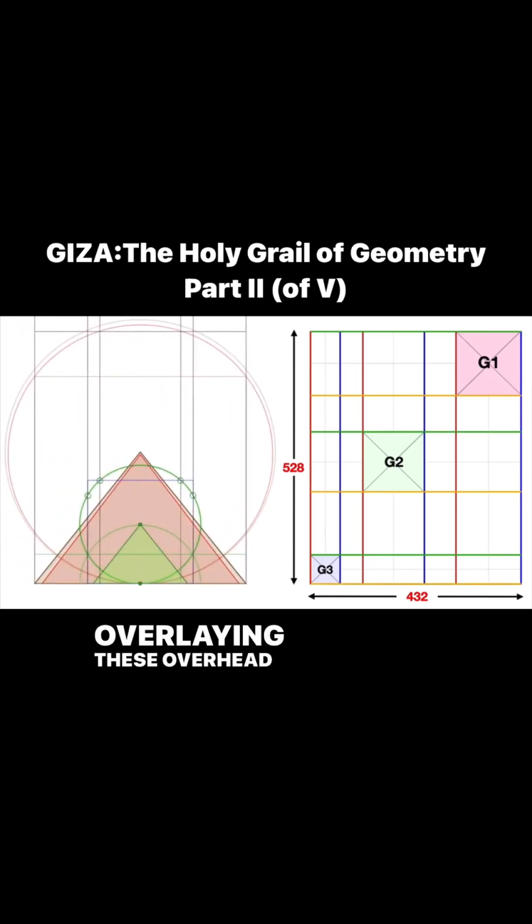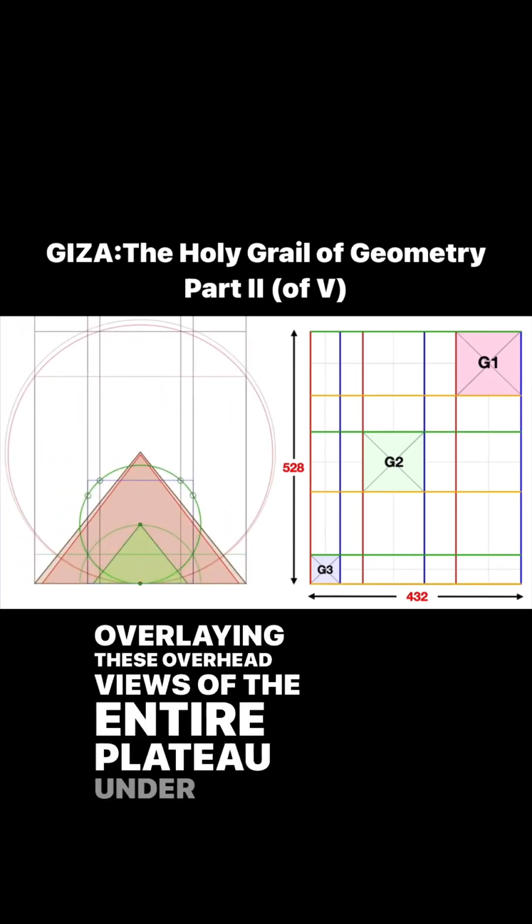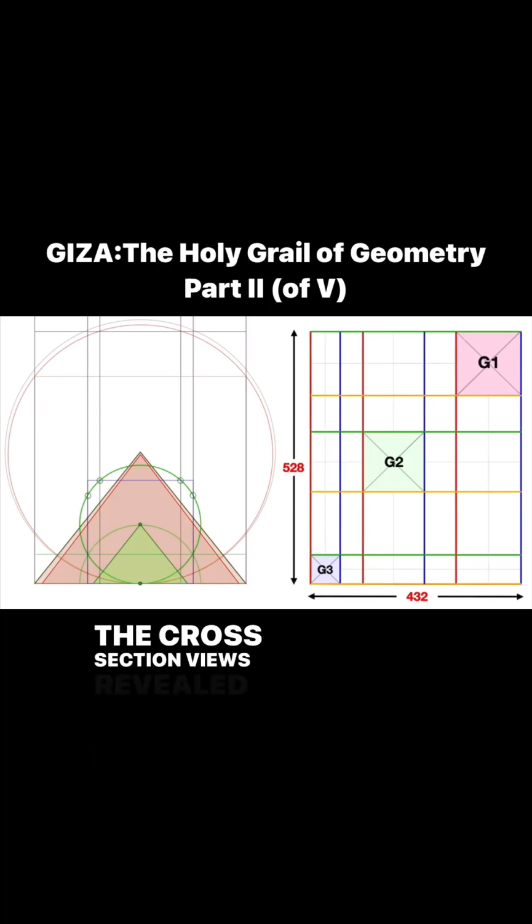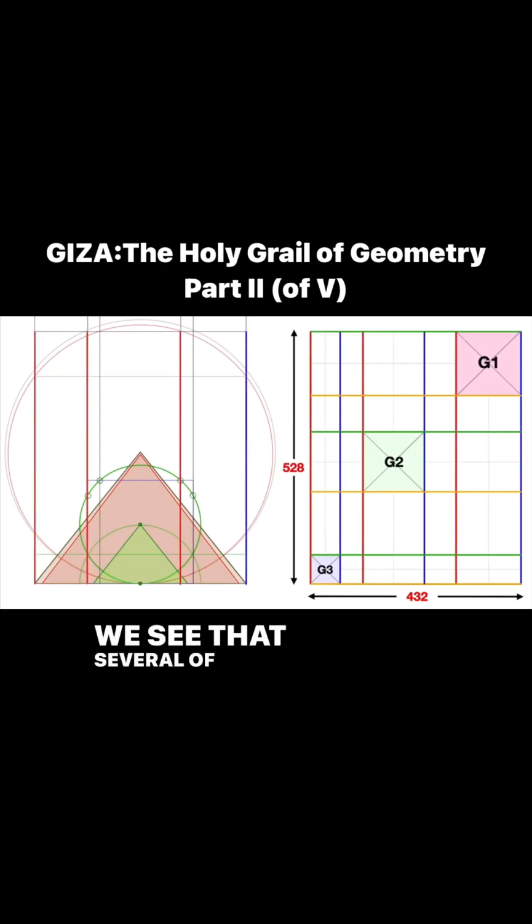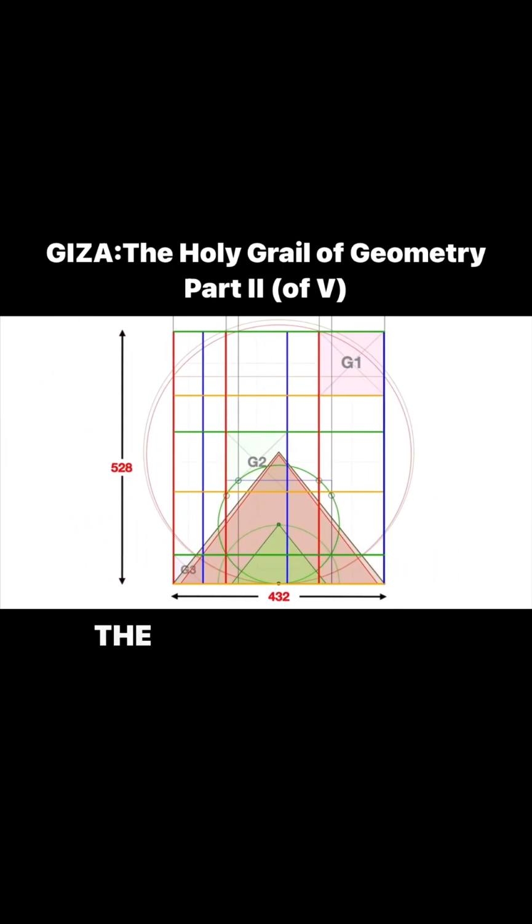Overlaying these overhead views of the entire plateau onto the cross-section views revealed in part 1, we see that several of these overhead colored lines correspond precisely with certain lines we just drew through the cross-section intersections.